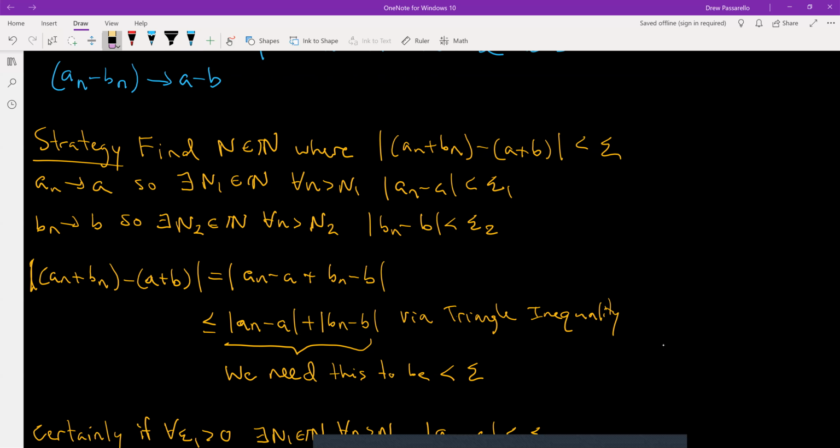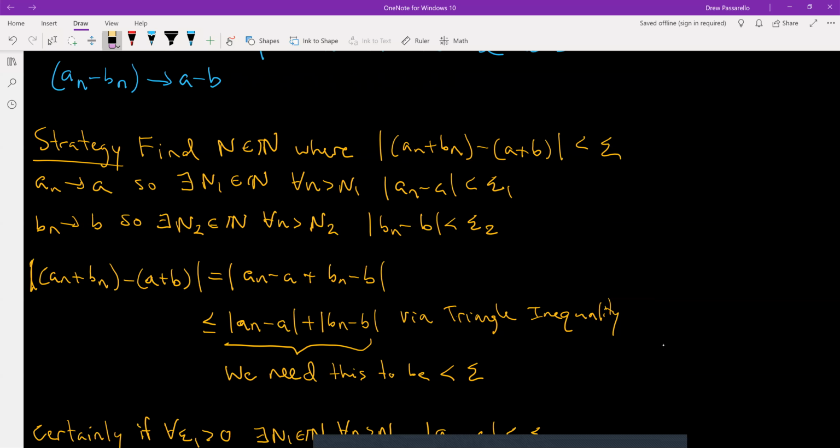Because a_n converges to a, that means there exists some capital N1 so that for all little n bigger than N1, we have the absolute value of a_n minus a less than, and I'm calling it, epsilon 1. And similarly for b, there's a capital N2 where for all little n bigger than capital N2, we have the absolute value of b_n minus b less than epsilon 2.